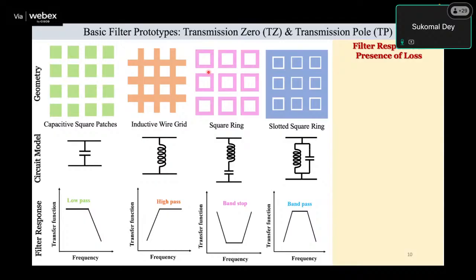When you are looking for a broadband filter, you are intentionally increasing the loss on the surface so that you can get a broadband. Now the challenge is to get a stable broadband. How will you get it? Suppose somebody is working from 1 to 6 gigahertz and you want a very flat S21 response on the filter. How will you get it?